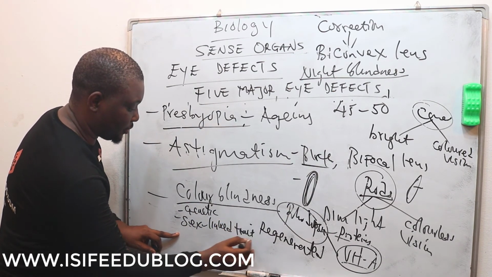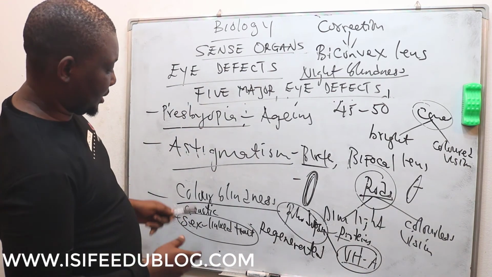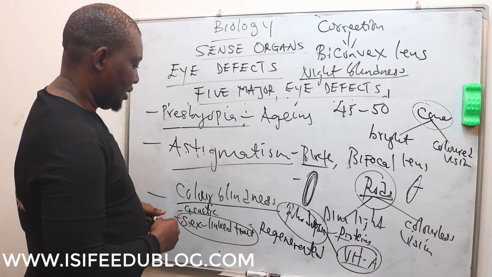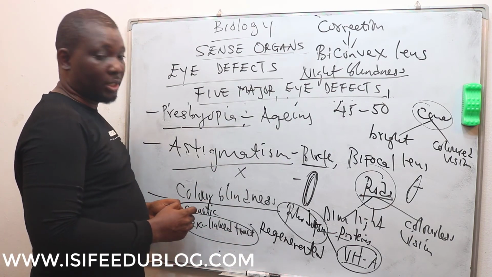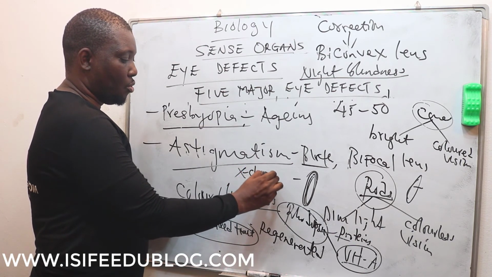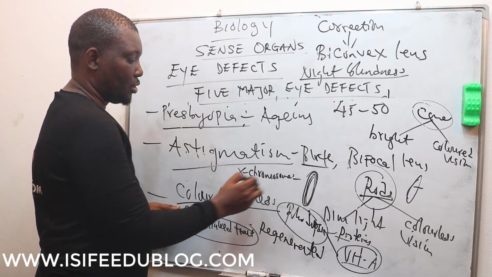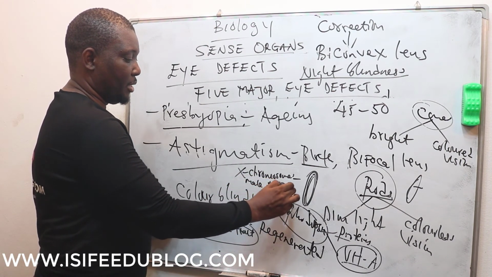A sex-linked trait or character, which is to say that this color blindness is located on the X chromosomes of male and female.